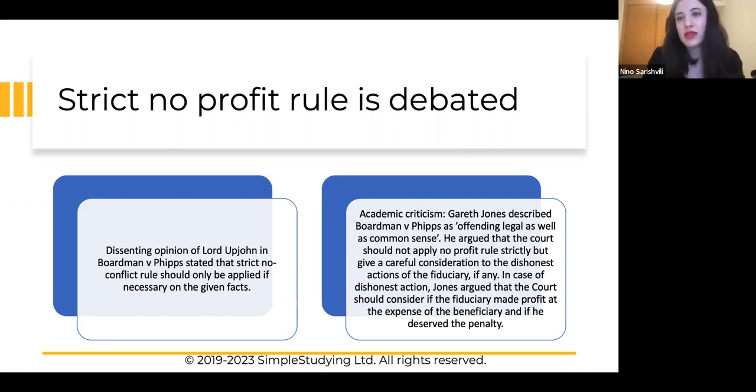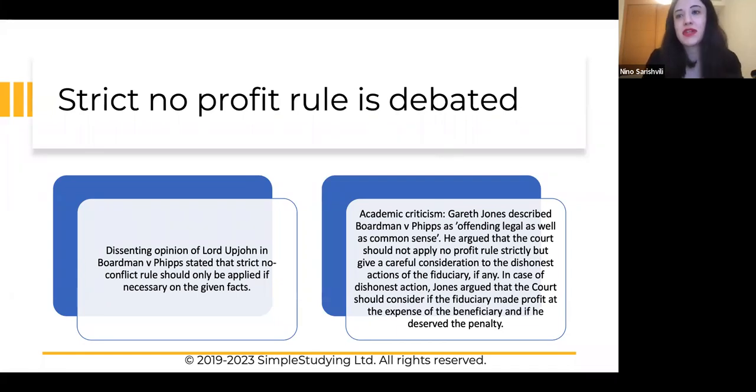Even though the fiduciary here did not act dishonestly and did not make the beneficiaries lose any money, on the contrary, because of pursuing that opportunity, the fiduciary actually brought a lot of money to the trust, still, the liability was found because the strict no profit rule was applied.